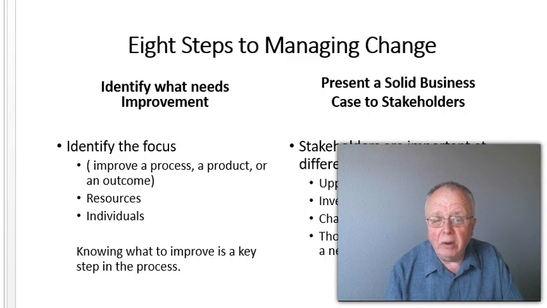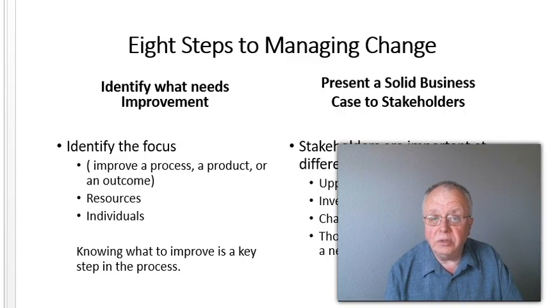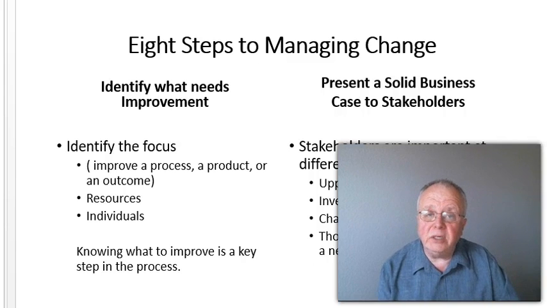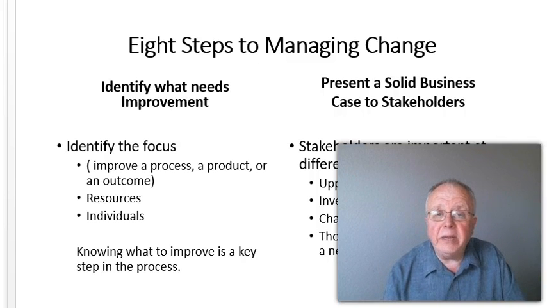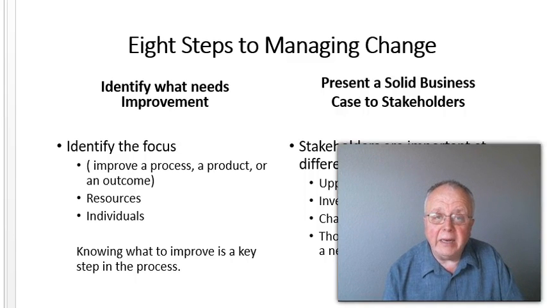Beyond that, you also need to identify the resources. It takes resources in people and money and a lot of other things to make a change worthwhile. And then you need to identify the individuals that are going to be a part of that change. People within the organization that need to become stakeholders, and that's a very important word that we're going to hear again and again.